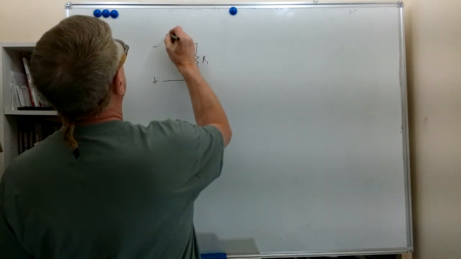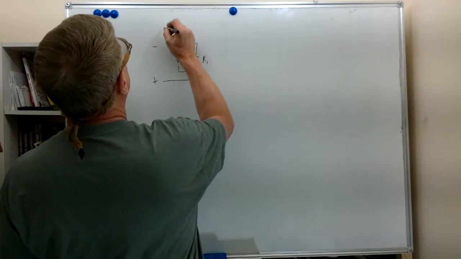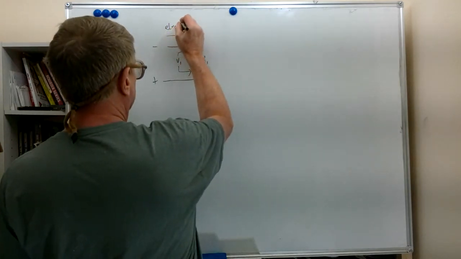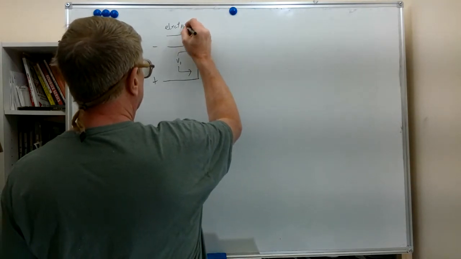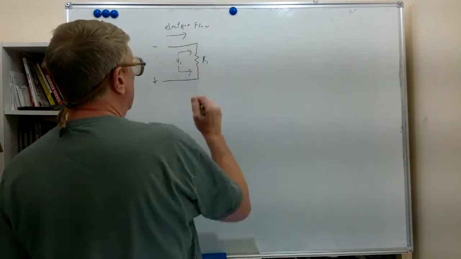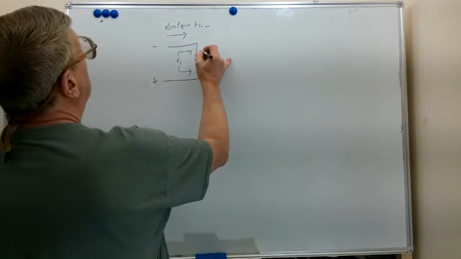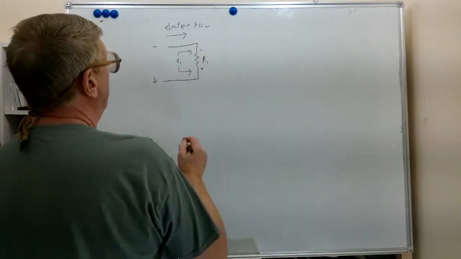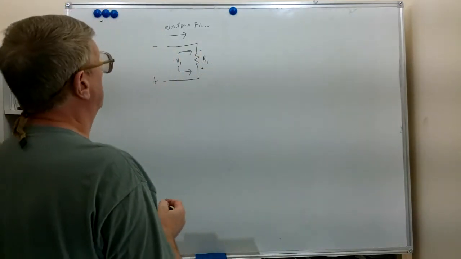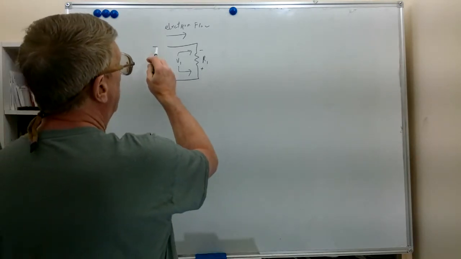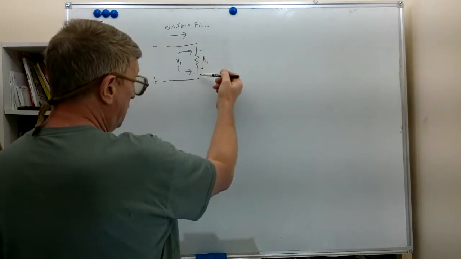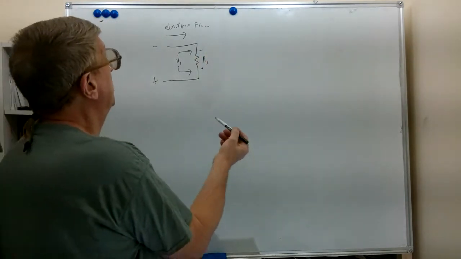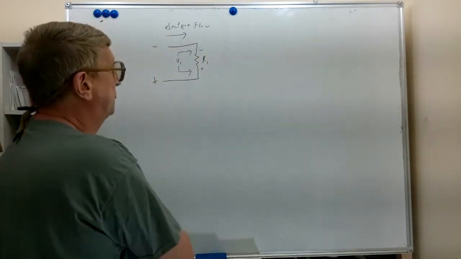And we're going to draw an arrow this way indicating electron flow. So we see here electrons, being negatively charged particles, are repelled by the negative terminal of the source, go through whatever the load is. In this case the load is R1, and return to the positive terminal of the source.